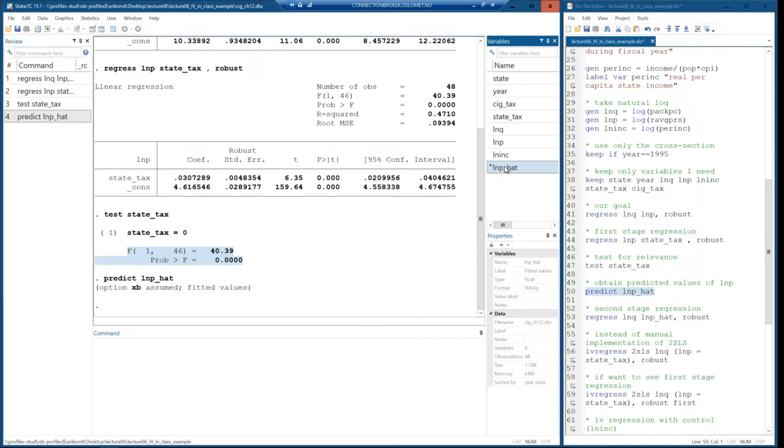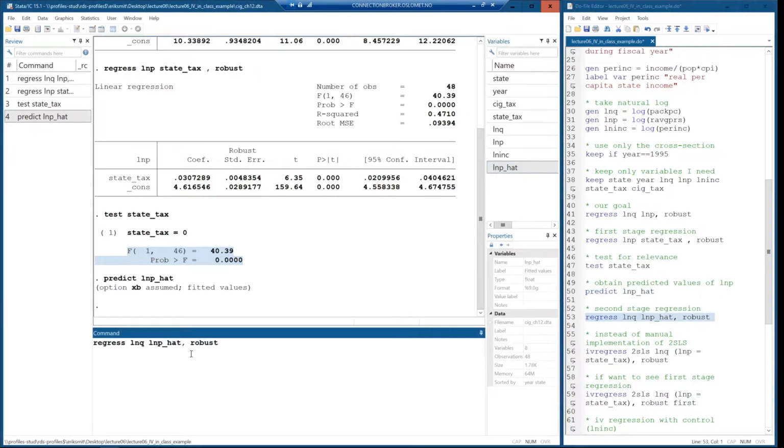These should be uncorrelated with the population error term. So now we can continue with the second part of the regression, where we try to explain the variation in the log quantity by using the exogenous variable LNP hat.